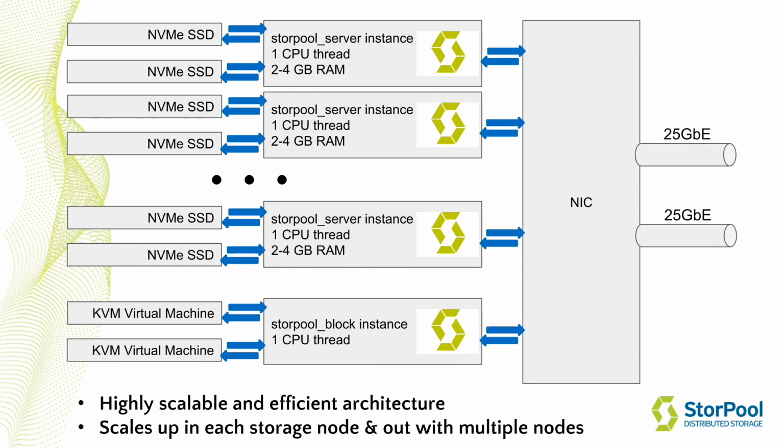If you think about it, I've mentioned 250,000 IOPS per CPU core. So one CPU core would be 2 StorPool server instances on adjacent hyperthreads. We pack them, and it's almost as fast as having a separate core.